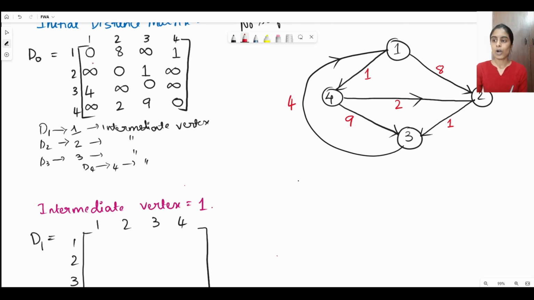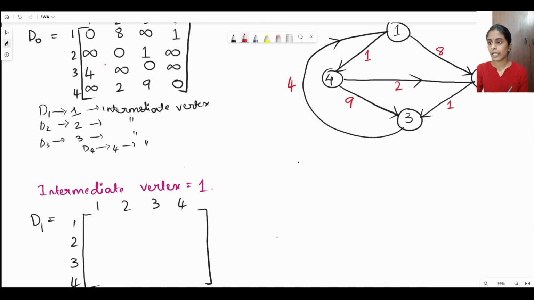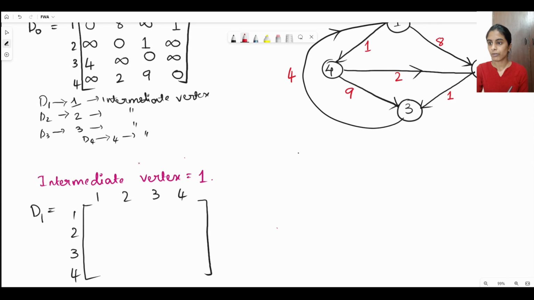So how do we obtain the D1 matrix? By retaining the entries of row 1 and column 1 of the D0 matrix. So when I write D1, I retain row 1 and column 1. So that will be like this.